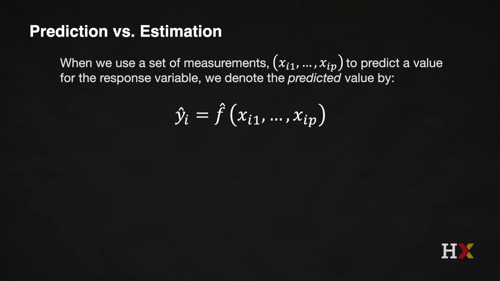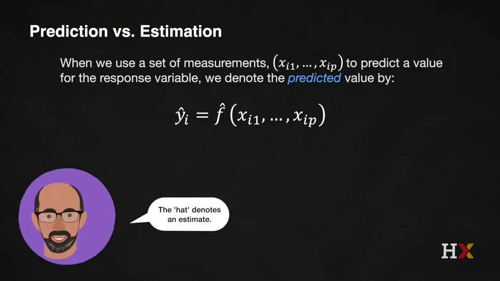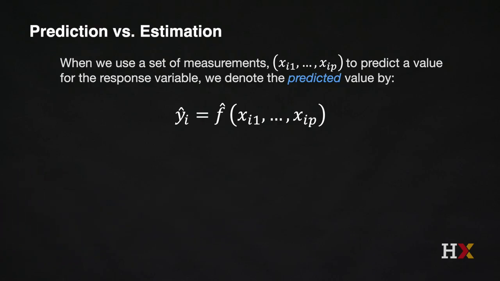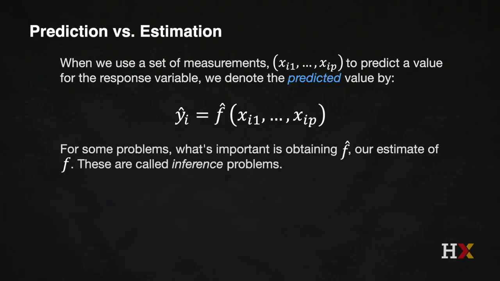When we use a set of measurements, xi1 to xip, to predict the value of the response variable, we denote the predicted value by yi hat, equal to f hat of xi1 to xip. Now there are two types of models we can build.